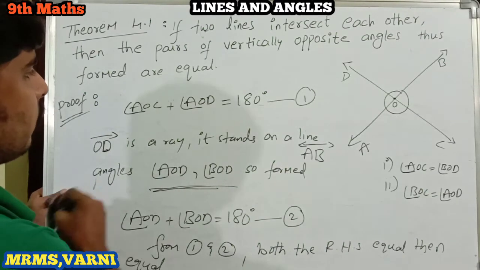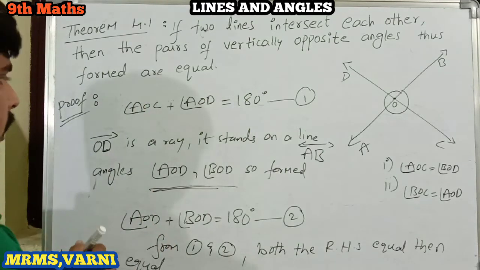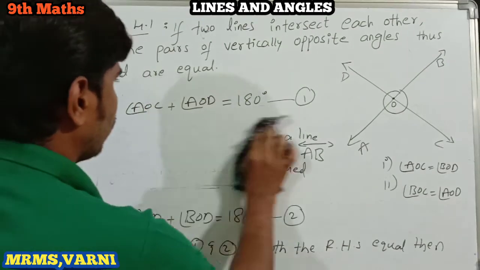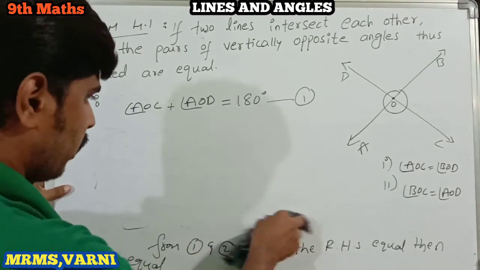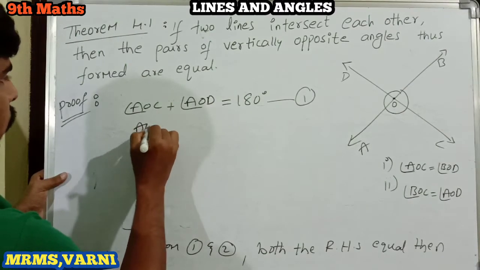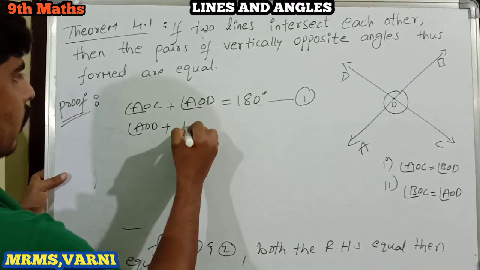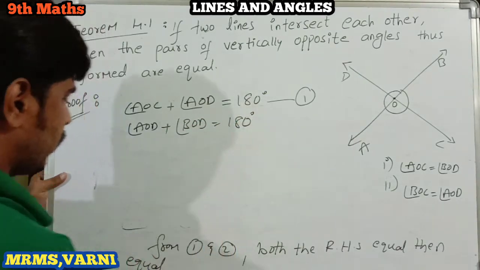So what can we write? I'll write once again here. Remember this equation. AOD plus BOD is equal to 180 degrees.